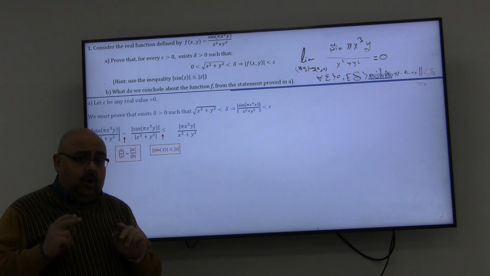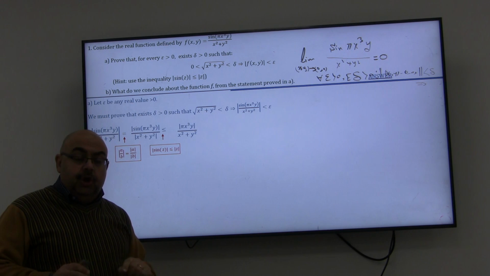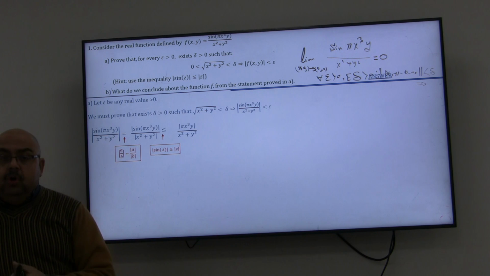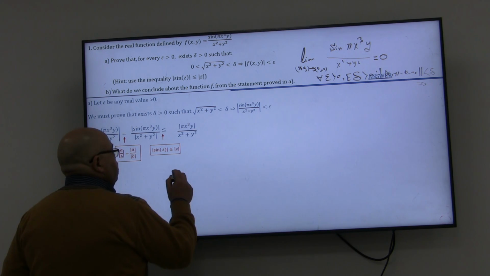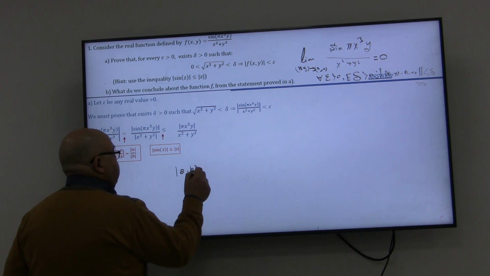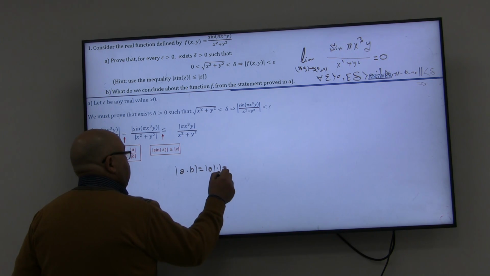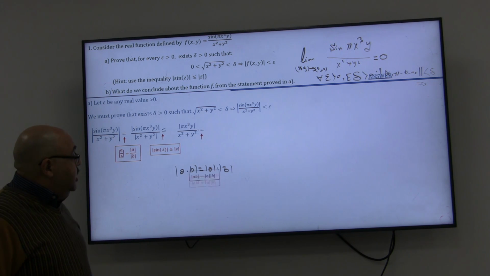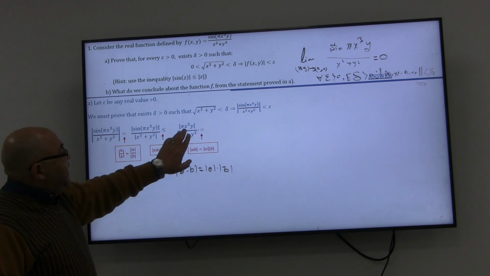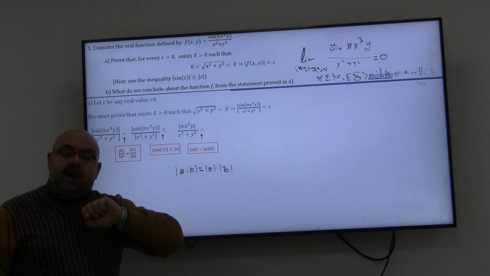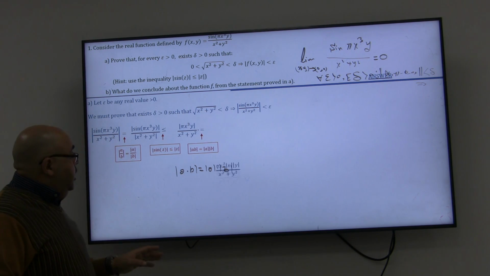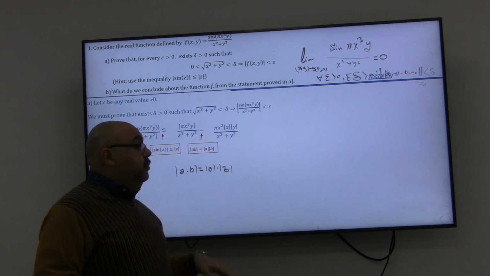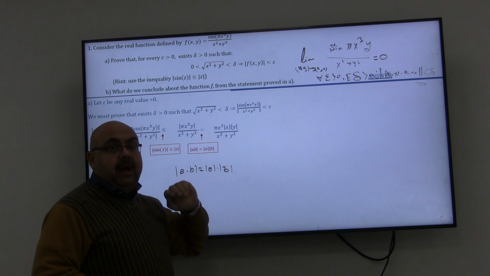At this time I can also take advantage of the relation that the absolute value of A times B equals the absolute value of A times the absolute value of B. So I can now split the numerator to be pi times the absolute value of x squared, which is for sure a positive value, times the absolute value of x times the absolute value of y.